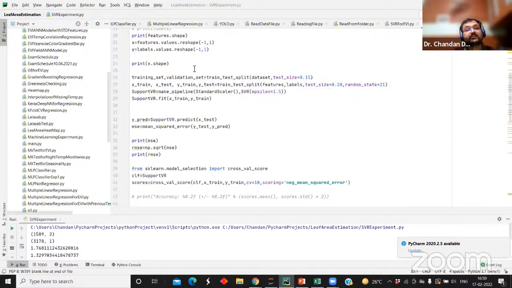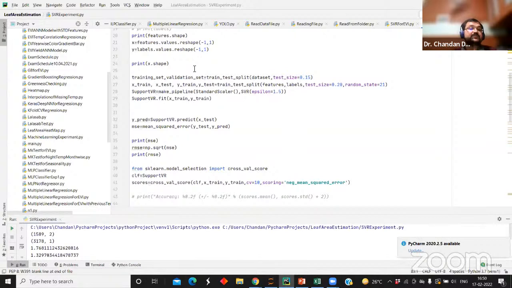Mainly in machine learning, to calculate the performance of your method, you have to split your data into parts. Presently it is three parts: one is training, then validation, and the third part is testing.